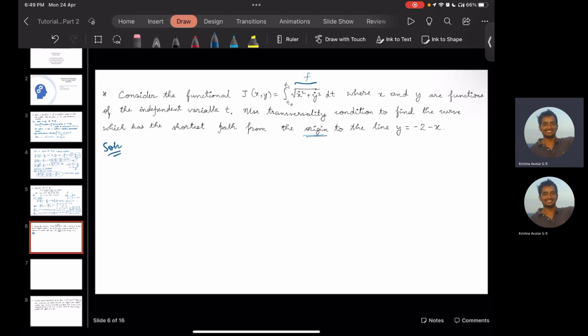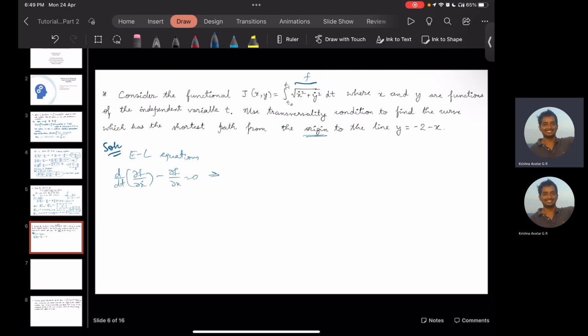Now here there is a problem where the functional consists of two dependent variables which are x and y and one independent variable t. So our Euler-Lagrange equation will be a system of two equations. And the first equation is d by dt of partial f with respect to x dot minus partial f by partial x is equal to 0.